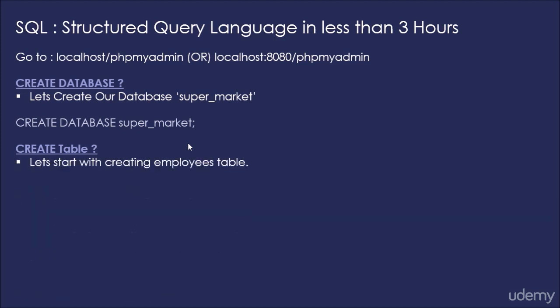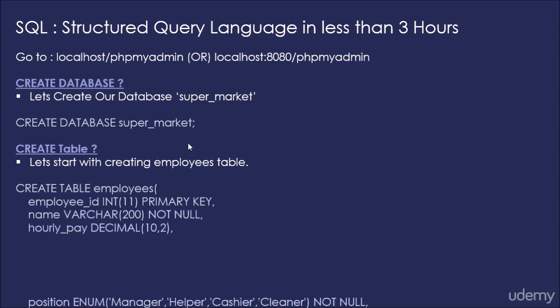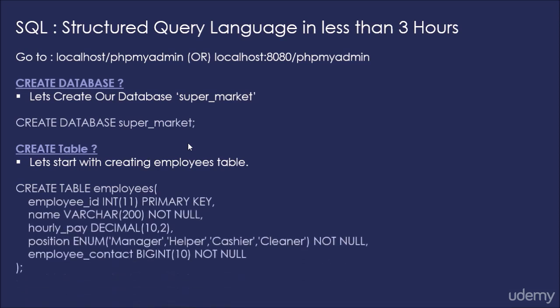The name of the table which we'll be creating is employees, and this is the table where details of all the employees working will be stored. The SQL for that is CREATE TABLE employees, and this is the complete SQL. Now let's understand the structure of the SQL which we just saw.